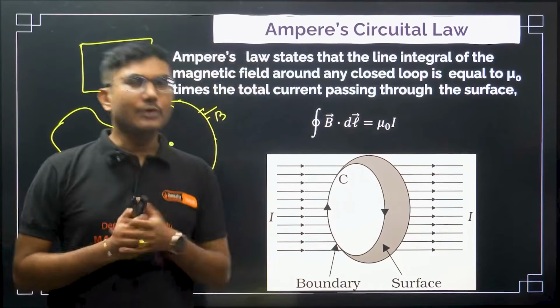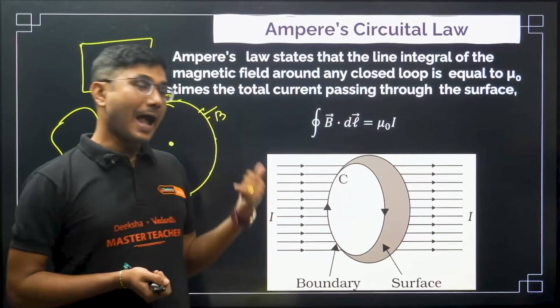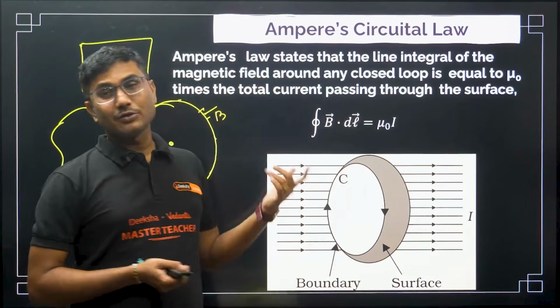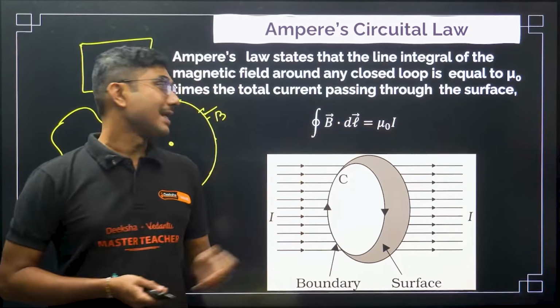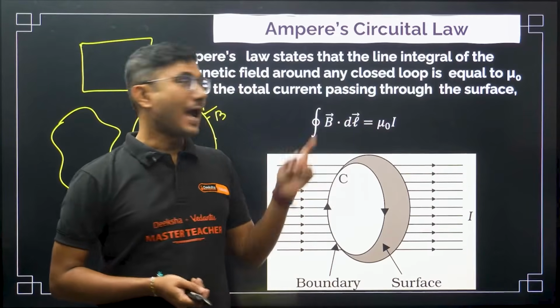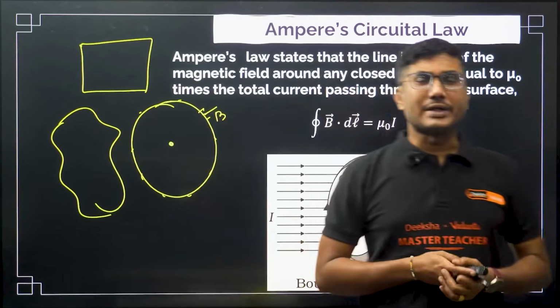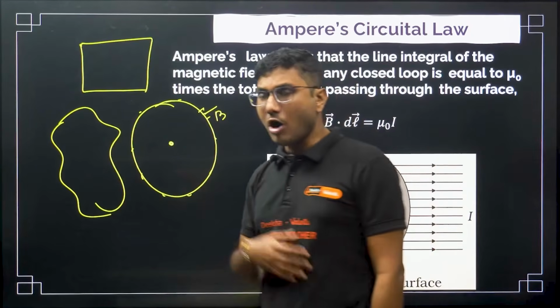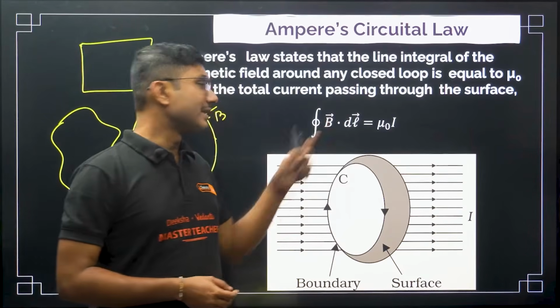It is similar to Gauss's law. In Gauss's law, it was electric field and it was charge enclosed, right? Instead of charge enclosed, it is current enclosed, and secondly it is B dot dl and closed integral. Similar to Gauss's law, if the Amperian loop is symmetrical or partially symmetrical, it is easier for us to calculate this integration, right?